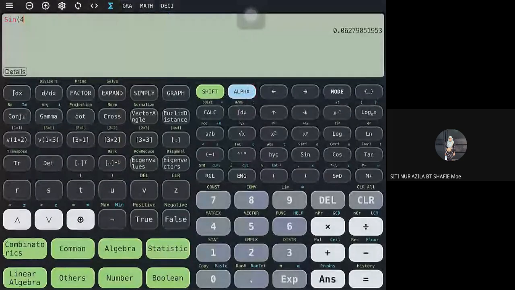Write down in your calculator 45 using this button, and then 6 minutes using this button again. Close your bracket and then you will get your answer in decimal, 0.650641. Jocelyn got the wrong answer. Yes, must press bracket. Try again, Jocelyn. Did you get the same answer as me?